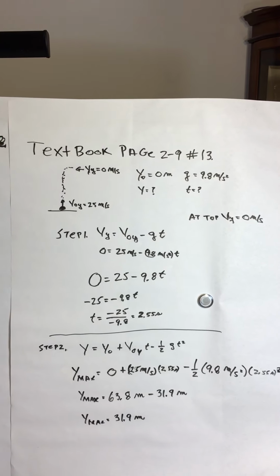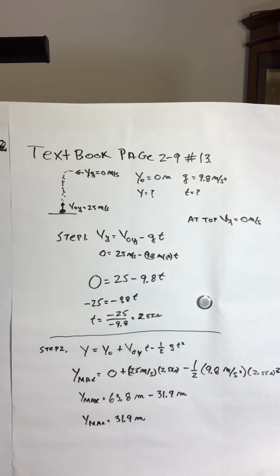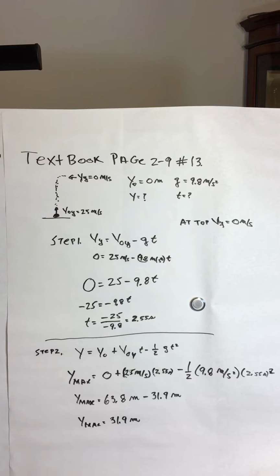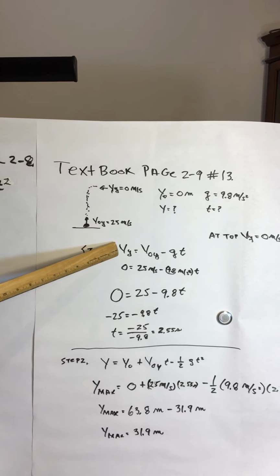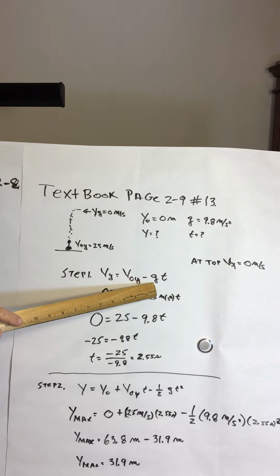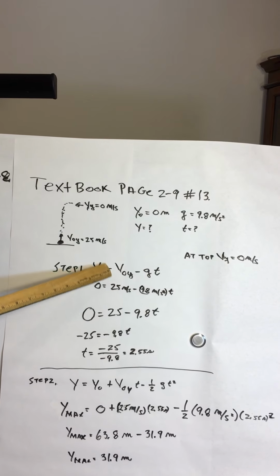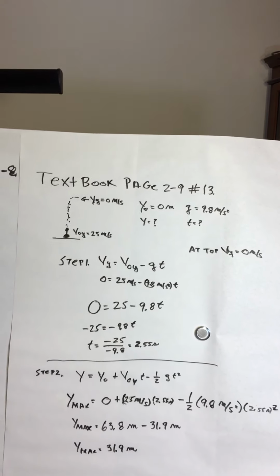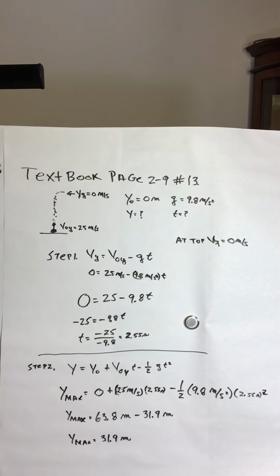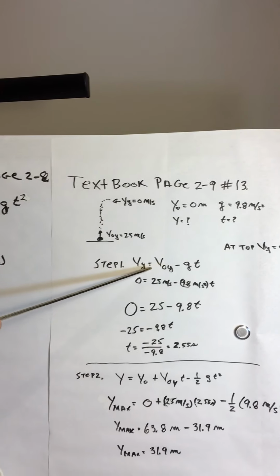Now we look at an equation to solve this problem. The first part of the problem was to find the time. Well, we did a problem like this before. We know this, we know that, and we know g. We know these three things. So the equation we used before was v is equal to v sub 0 plus a times t. So it's a very similar equation.